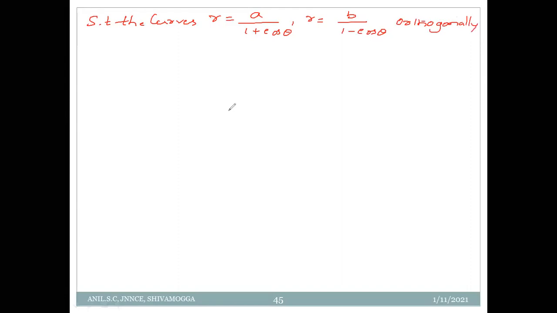Show that the curves r is equal to a into 1 plus cos theta and r is equal to b into 1 minus cos theta intersect each other orthogonally.